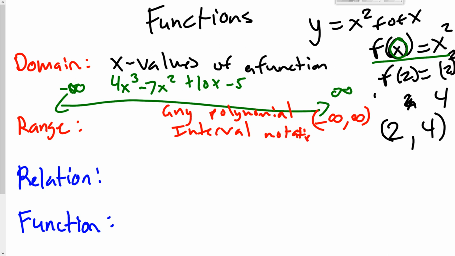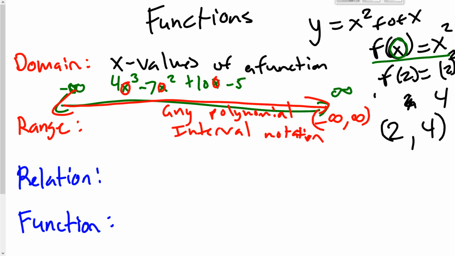Okay, so when we're just looking at basically just the number line, just like we did for the answers for those inequalities, well, here we're talking about domain, and it's our choices for x's. So what it means is I can plug any number in for these x's, and I will get an answer out, right? If there's some number that I can plug in that I won't get an answer out, that I'll get like undefined or no solution or something like that, then I can't choose that x, so it would not be in my domain.